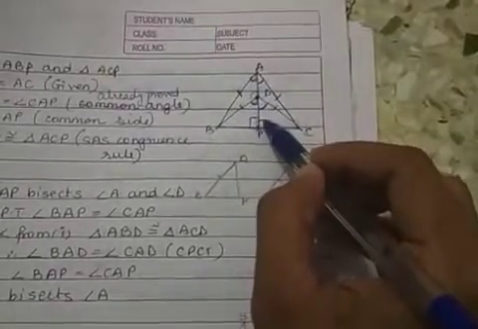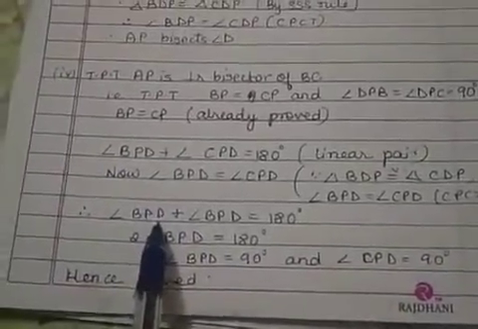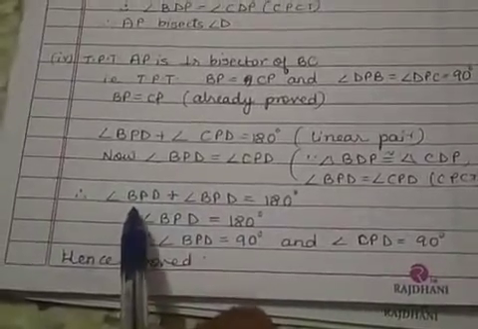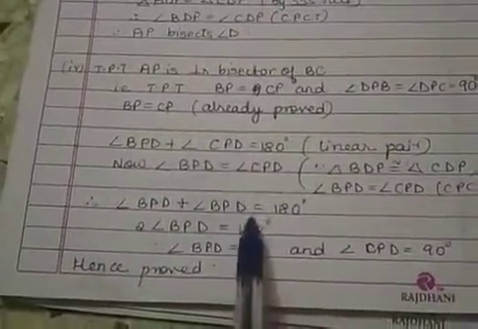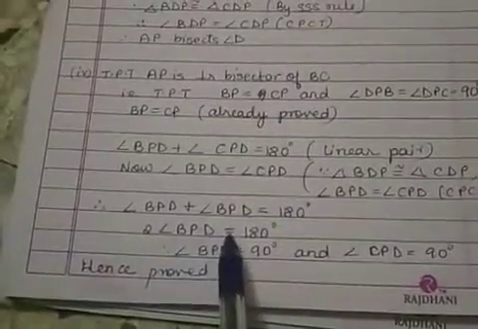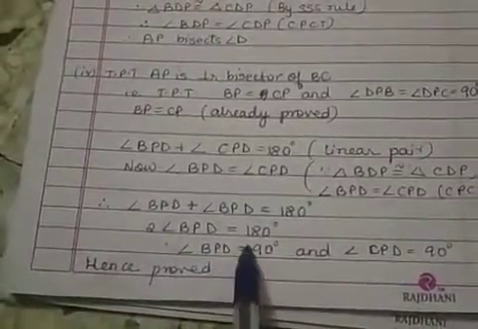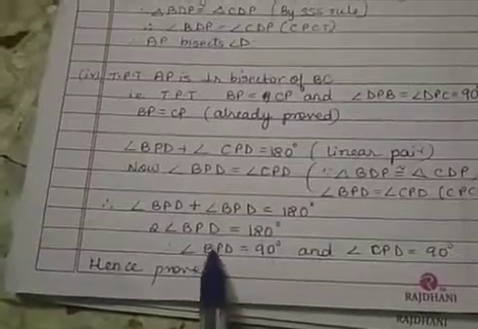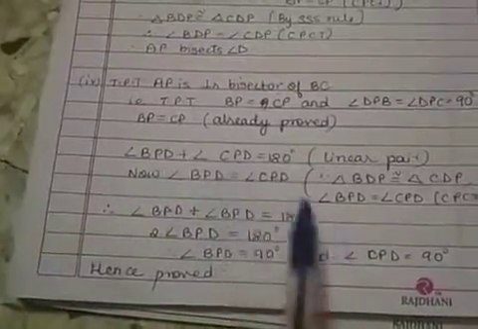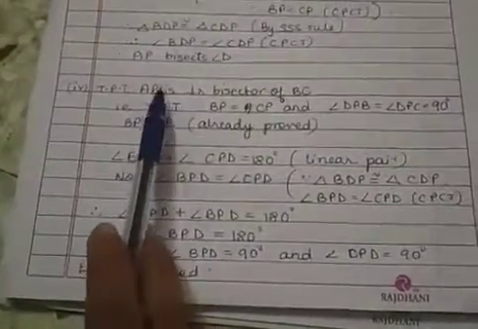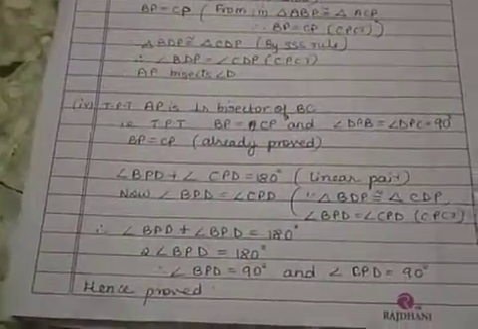Because these two angles will be equal by CPCT. So now I am going to substitute angle BPD for angle CPD. So we get angle BPD plus angle BPD is equal to 180 degrees. So 2 times angle BPD is equal to 180 degrees. So angle BPD will be 180 degrees upon 2, which is 90 degrees. So angle BPD is 90 degrees as well as angle CPD is 90 degrees. Hence we have proved that AP is a perpendicular bisector of BC.